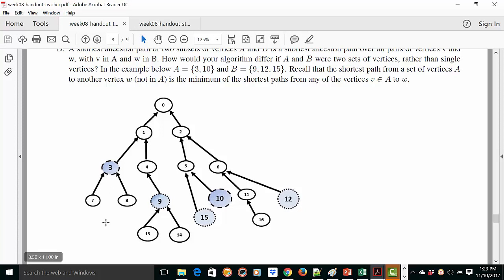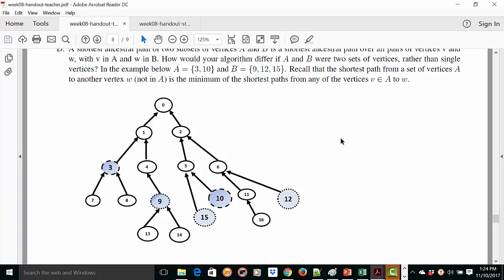So I'll add another node and connect to 3 and 10. Essentially this node represents the entire set here. And then I will do the same thing for this one here. So I'll add another node and create edges to each one. And so now the problem reduces to running from one vertex to another vertex, finding the shortest common ancestor.